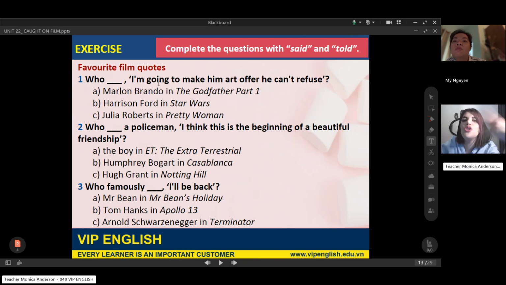I want you to change it to indirect speech using said and told, but if you want to use told, as I told you, please use an object pronoun. I'm going to make him an offer he can't refuse. He said, for example, he was going. He said he was going to make a film. Very good.